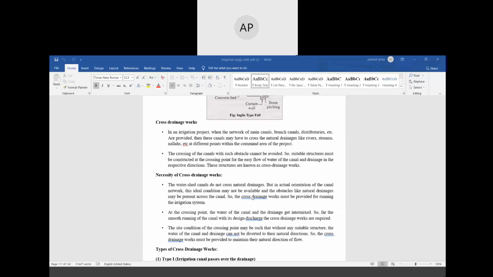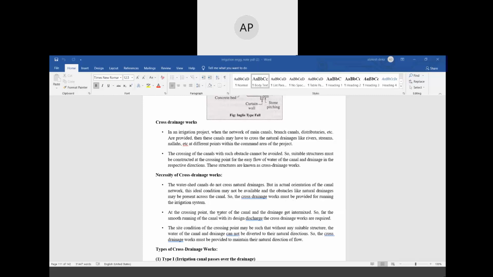And what is the necessity of cross drainage works? Watershed canals do not cross natural drainage, but in the axial orientation of the canal network, this ideal condition may not be available, and obstacles like natural drainage may be present across the canal. So cross drainage works must be provided for running the irrigation system.